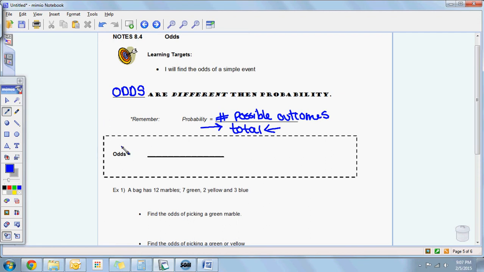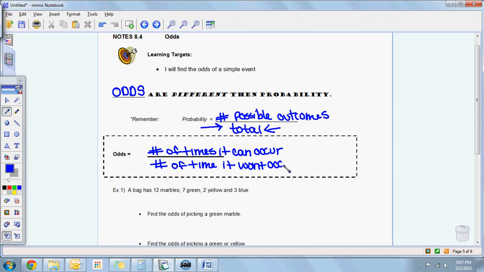So for odds, for example, if we're finding the odds that something can happen, we're going to write the number of times it can occur over the number of times it won't occur.